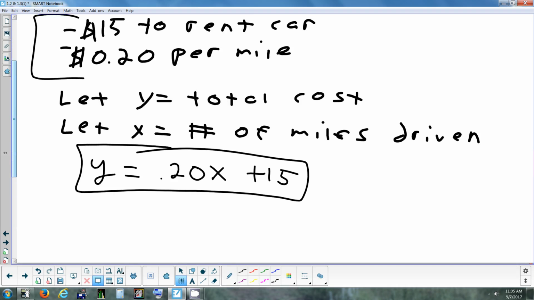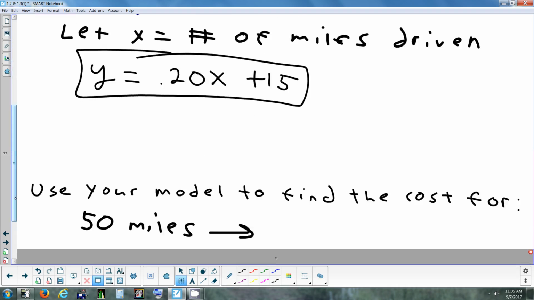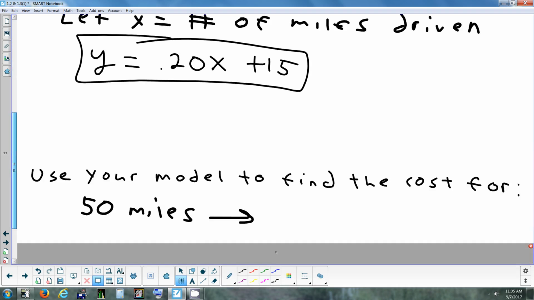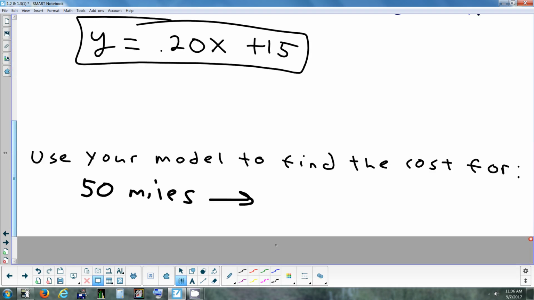All right, so now we've got our equation. We're going to use it to do a couple things. Let's use our model, use our equation, to find the cost to drive 50 miles. So Matt, if I want to use that equation to find the cost for 50 miles, how would I do it? First you replace the x with 50. Yep.